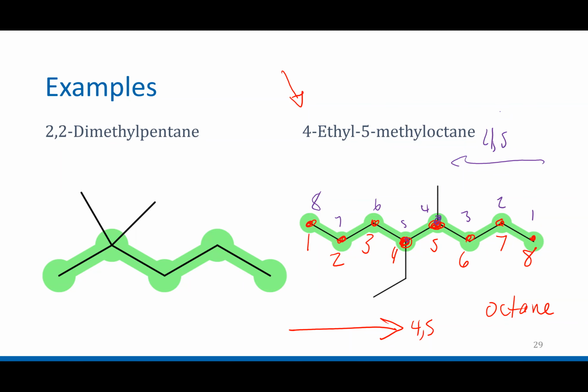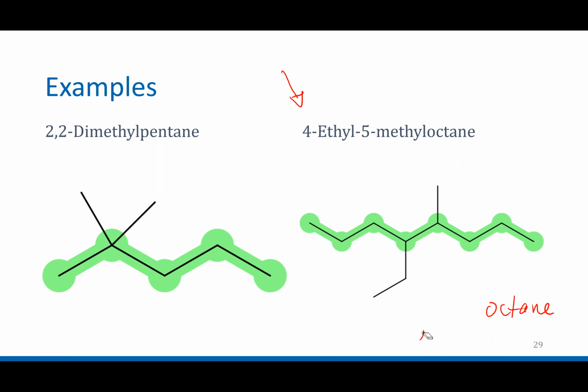But for me personally, and I'm just going to clear out my drawings, since it doesn't truly matter which way I go, I'm going to go the way that gives me E first and then M, alphabetical order. Okay, so that's just personal preference.